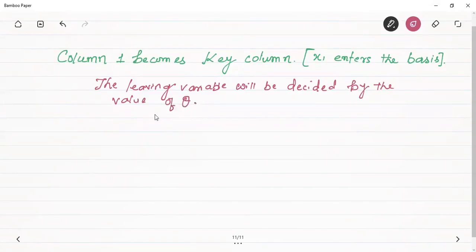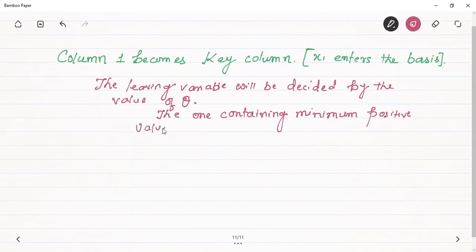Okay, the one containing the minimum positive value of theta will decide the leaving variable.